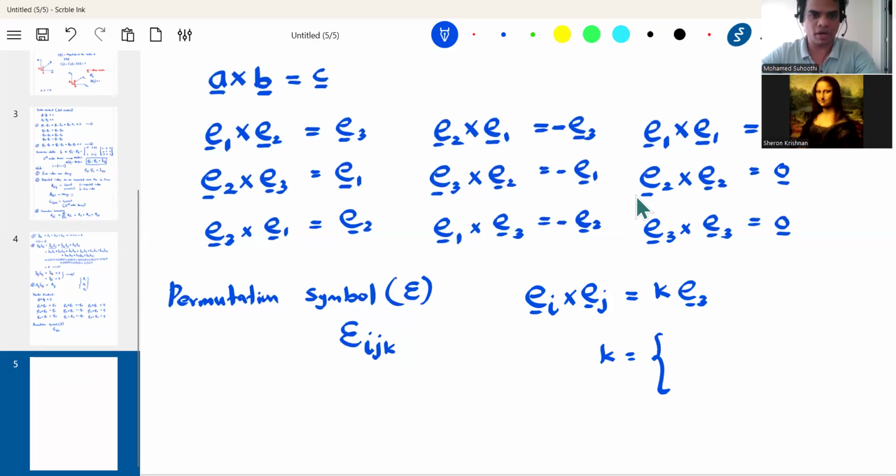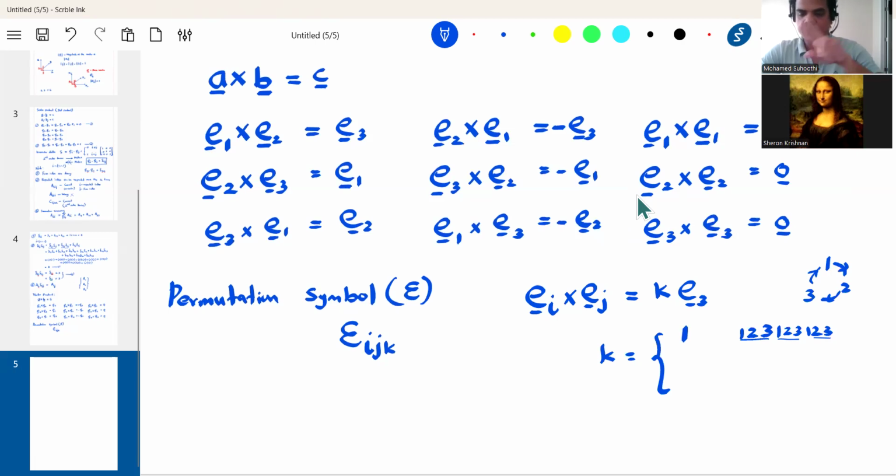The first ones, 1, 2, 3, then 2, 3, 1, then 3, 1, 2. If it follows this order, I can say 1, 2, 3 in clockwise order, and I am getting K is 1.